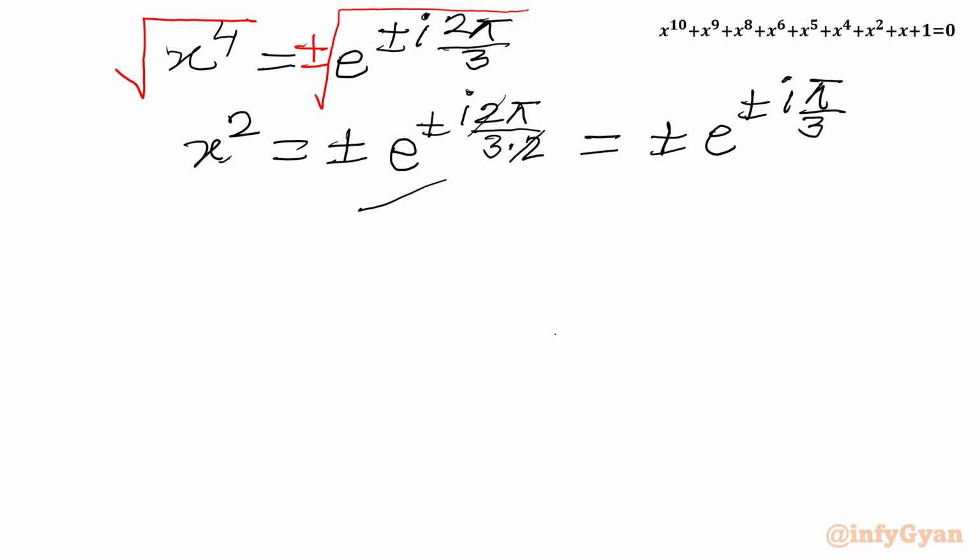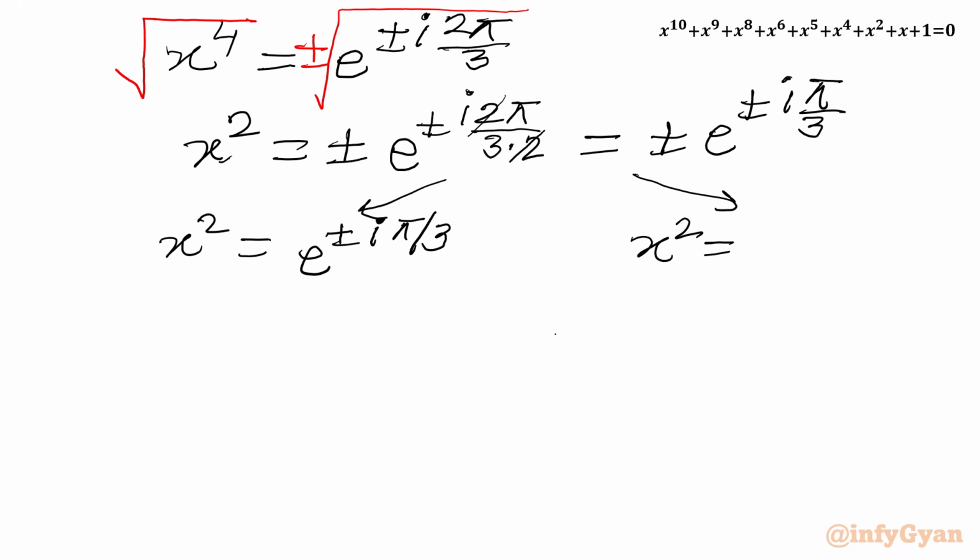Now we can write two equations from here. We will write x square equal to plus e power plus minus i times pi over 3, and we can write x square is equal to minus e power plus minus i times pi over 3.